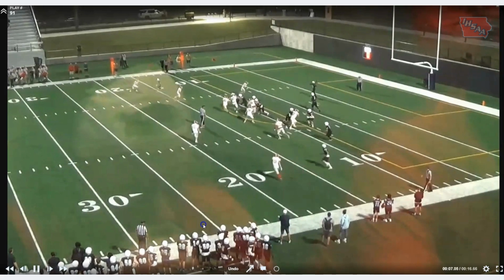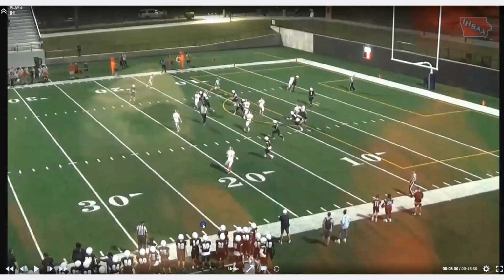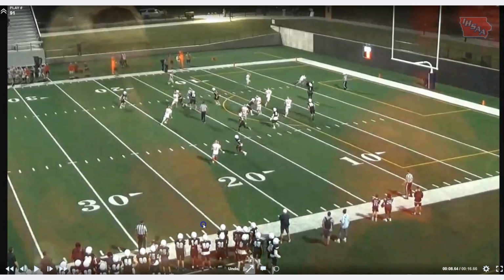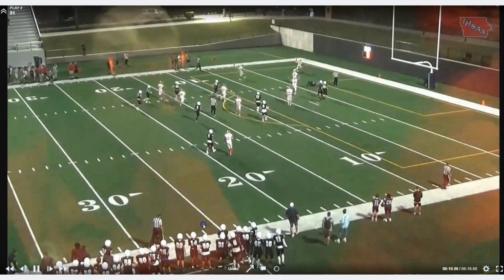What would make it not either a blindside block or a foul for illegal personal contact? That would be if he wraps up. This definitely is someone who is making an attempt on a pass, so he could be making a tackle, but he needs to make that tackle legally, which is by wrapping up when you get that contact. So it doesn't really matter which one you go with.